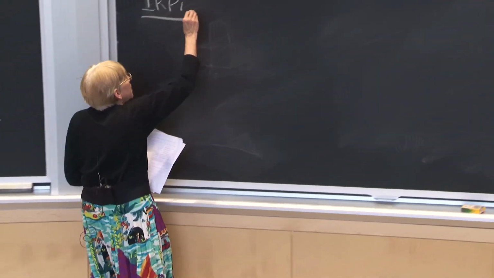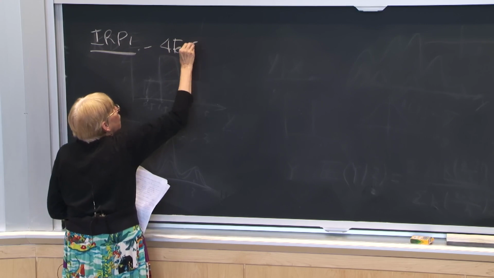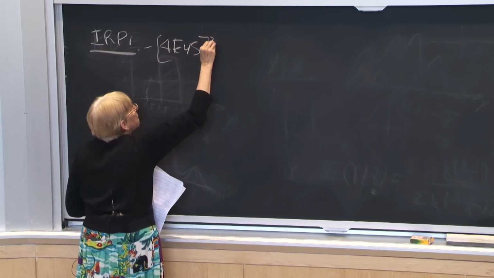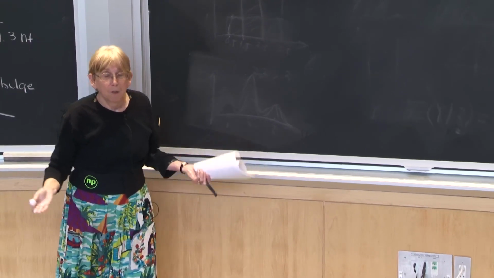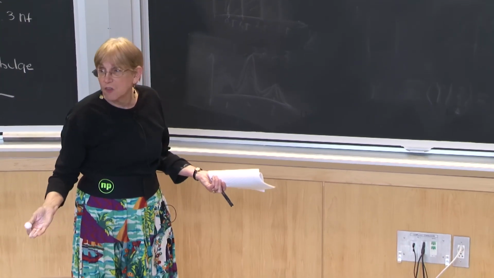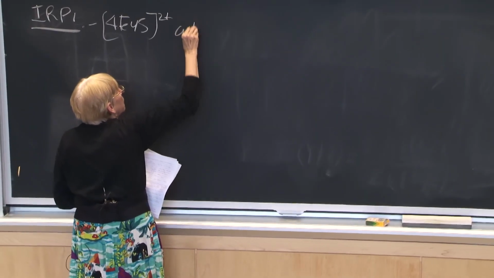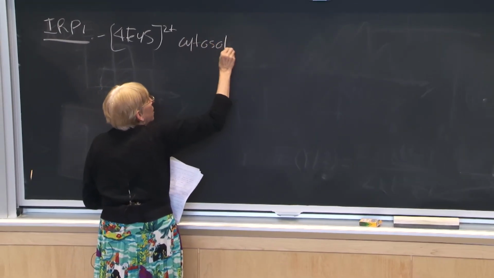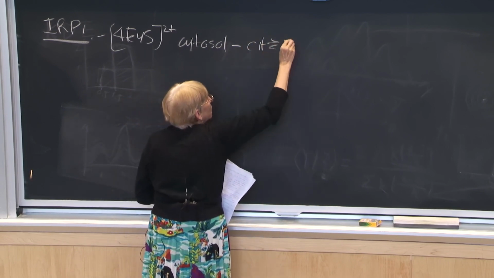So this protein has a 4-iron, 4-sulfur cluster. And when it loads the cluster, as with mitochondrial aconitase, the protein's active. So it's found in the cytosol as opposed to the mitochondria, and it can convert citrate to isocitrate.